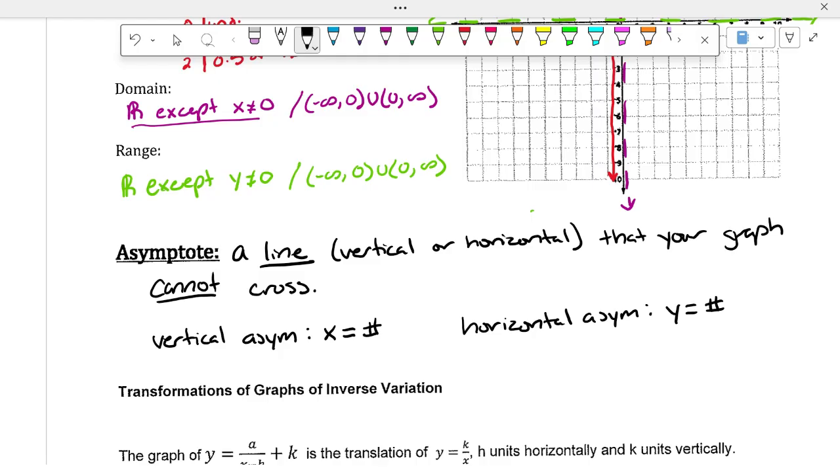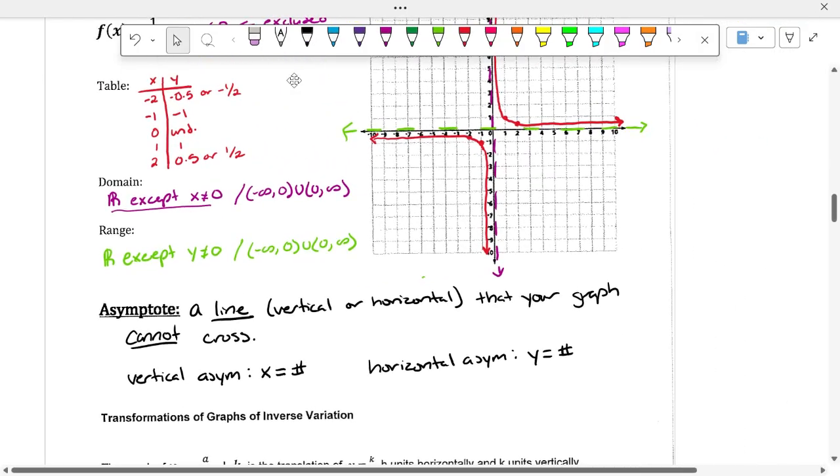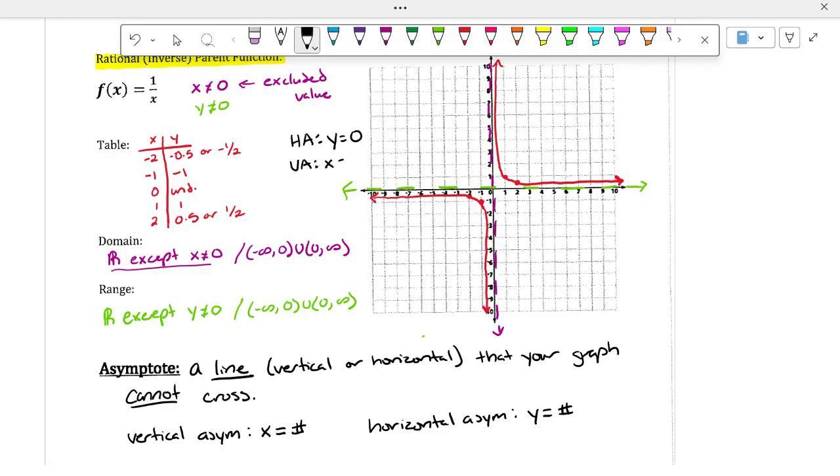In other words, if we wanted to write it down for this graph, our horizontal asymptote is y is equal to 0, because that's the line that it can't cross, where our vertical asymptote is x is equal to 0, because that's the line that vertically it can't cross, the x value that's undefined.